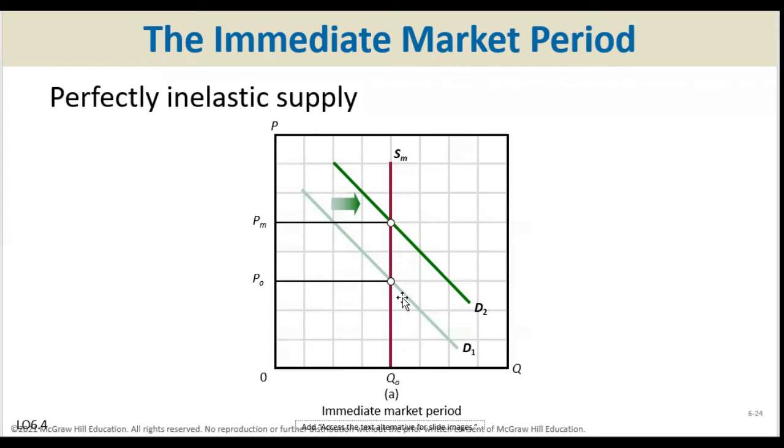If the demand changes from D1 to D2, the price changes over here, but the quantity supplied is still the same. The quantity did not change at all.